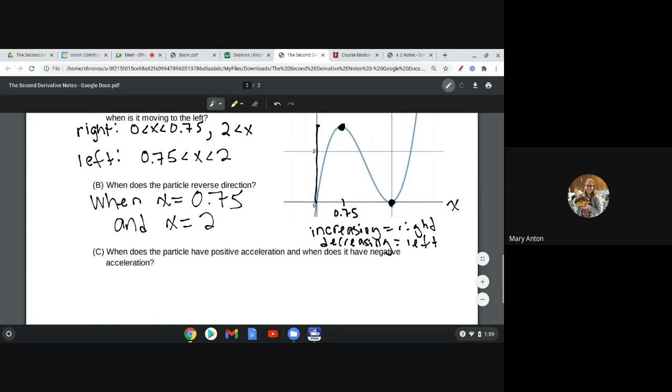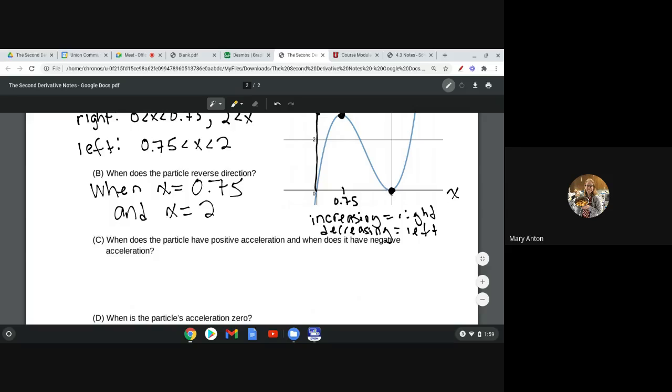All right. When does the particle have positive acceleration, and when does it have negative acceleration?